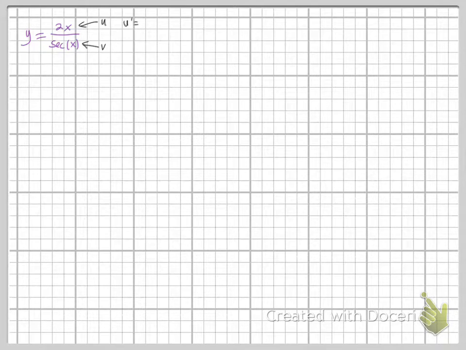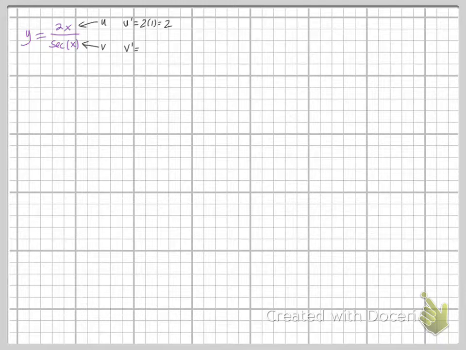So u prime, what is u prime? The derivative of 2x, 2 times 1, is 2. And v prime, the derivative of v, secant of x. For this, I'm using the rule for secant of u.